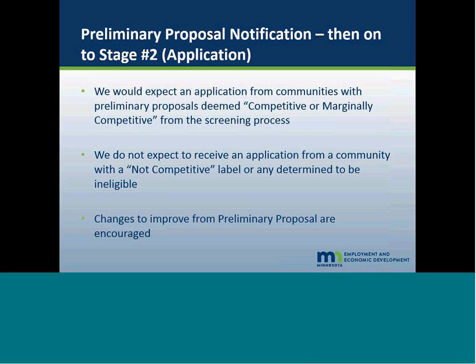Entertain willingly changes to improve from proposal, and your staff source to consult on what changes could or might be.